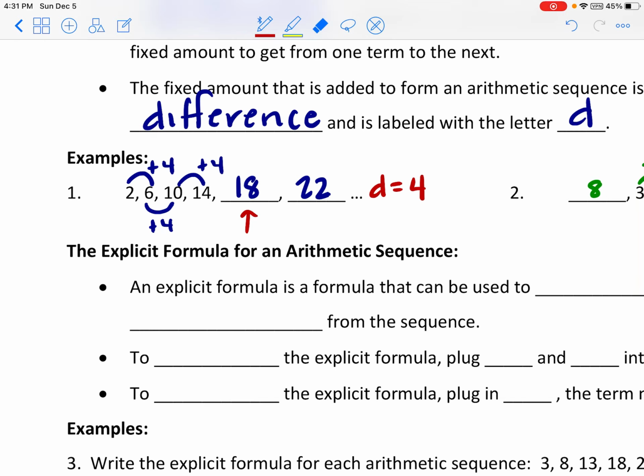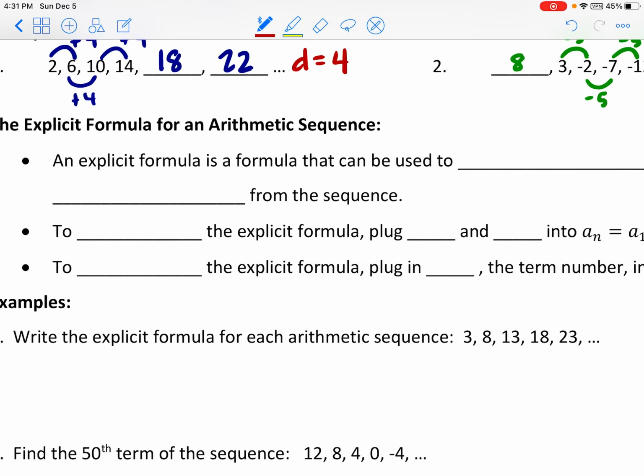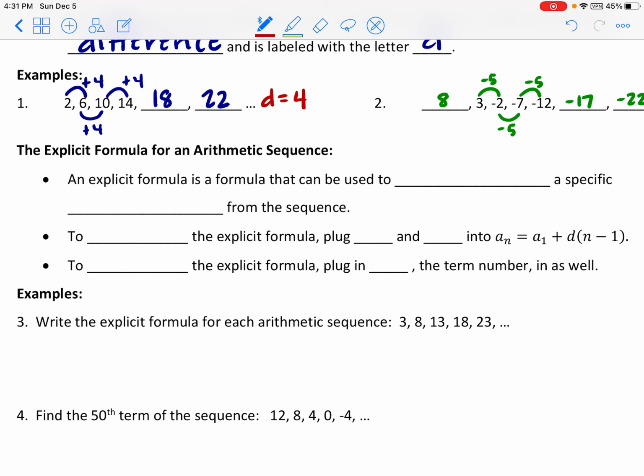However, if I asked you to find the 100th term on that list, adding 4 so many times would be tedious. Because there's a pattern, we can write a formula that's a much faster way to find that 100th term. That's what the explicit formula is: a formula that can be used to calculate a specific term from the sequence.